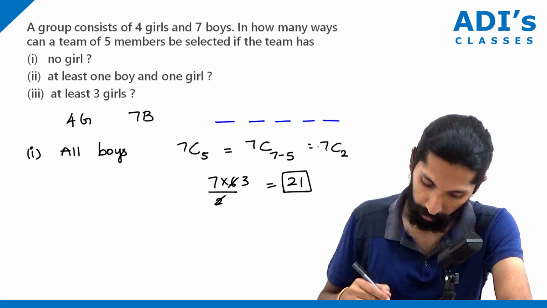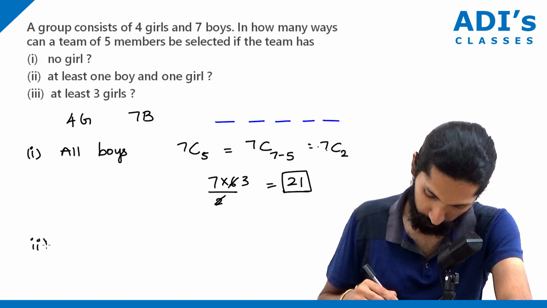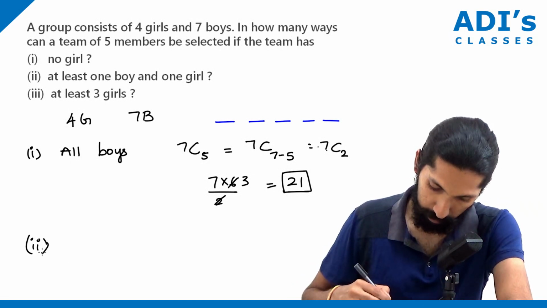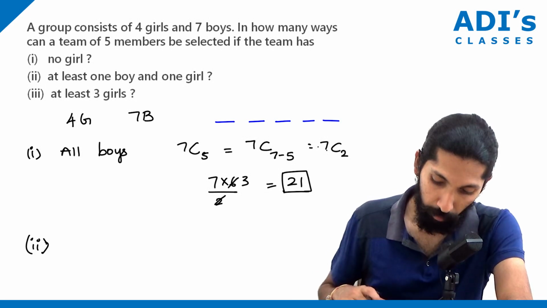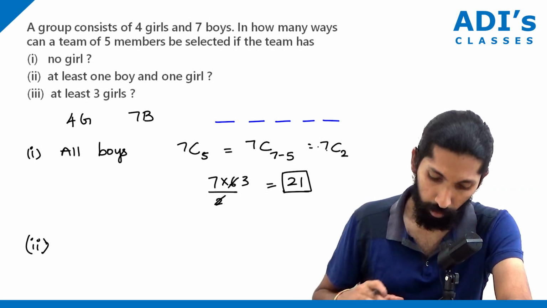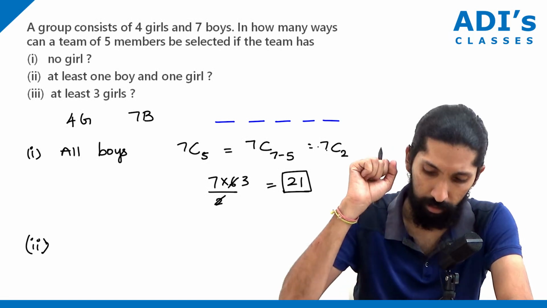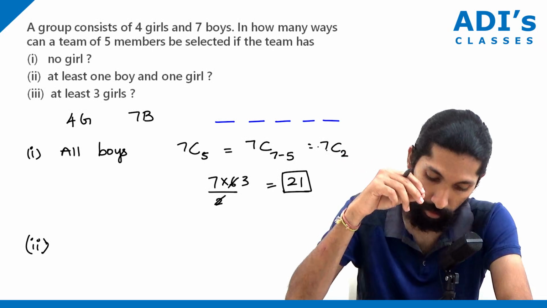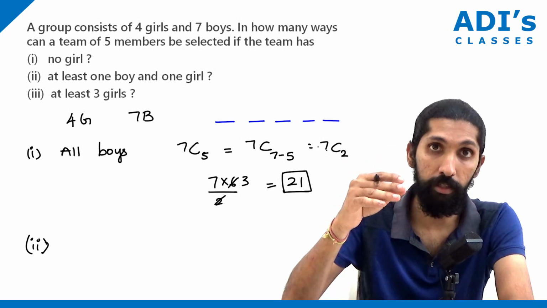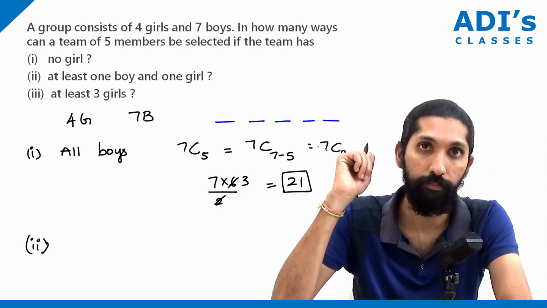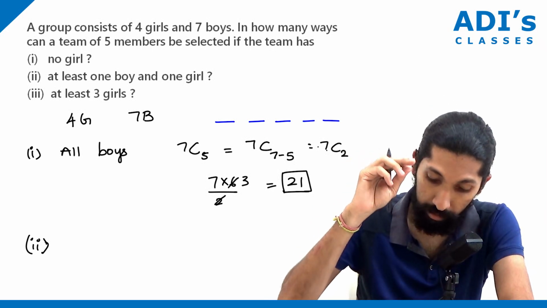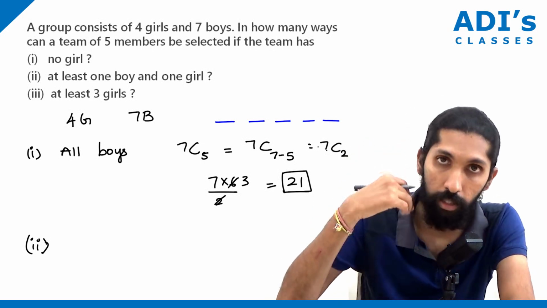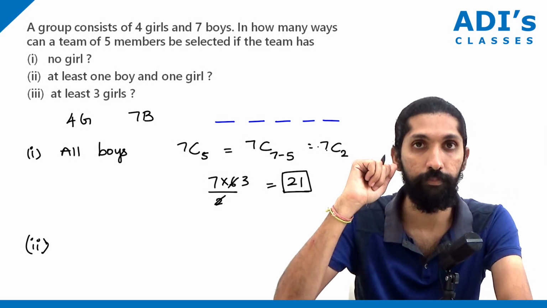All right. Now second one. For the second one, at least one boy and one girl. Now this is, I would say, a little extension type of problem, in the sense, at least one boy, meaning there can be more than one, correct? And they say at least one girl. That means it can be more than one girl.